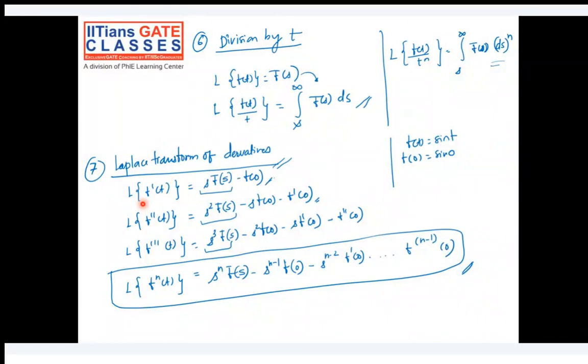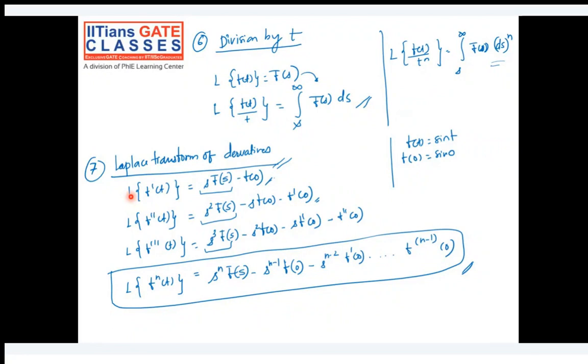So if I ask you what is the Laplace transform of 1 upon t, then in that case you should be using this formula, s f bar of s minus f of 0, and so on. Just as an example, whenever the function is already the derivative of some other function and you're supposed to find the Laplace transform of it, you should be using this formulation.